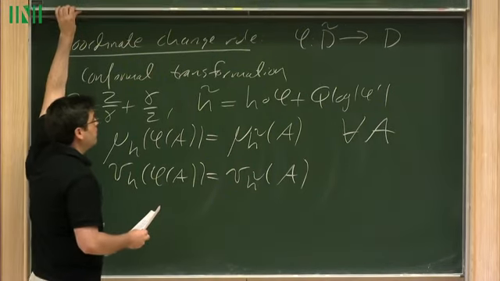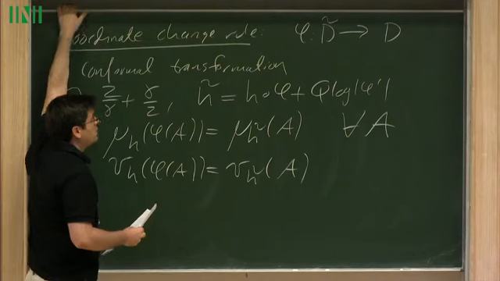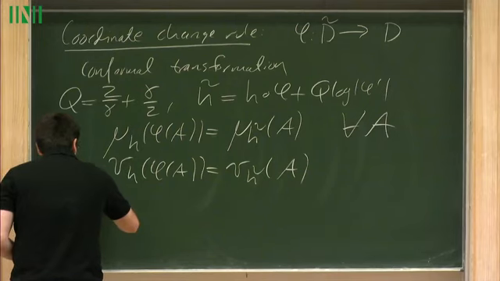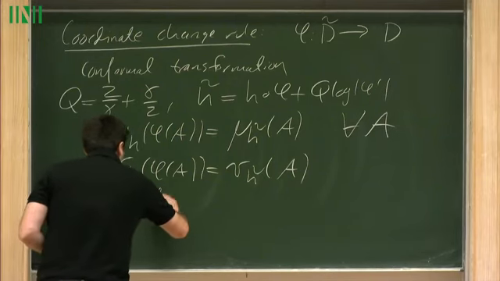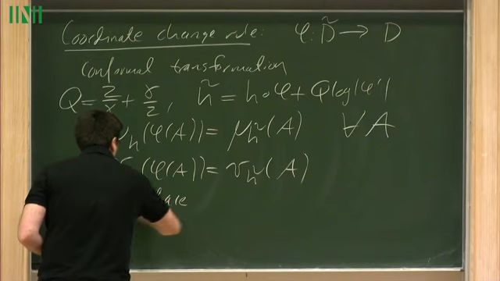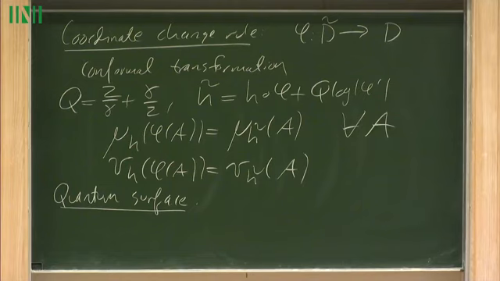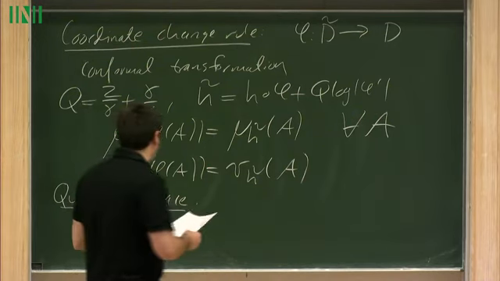And there's a very important definition, and this is the definition of a quantum surface. The way that a quantum surface is defined is the idea that you have many different possible ways of parameterizing a Liouville quantum gravity surface.